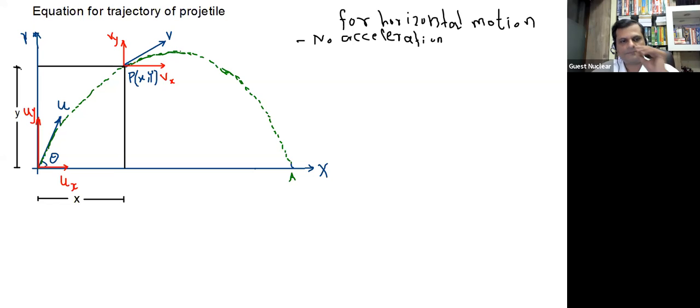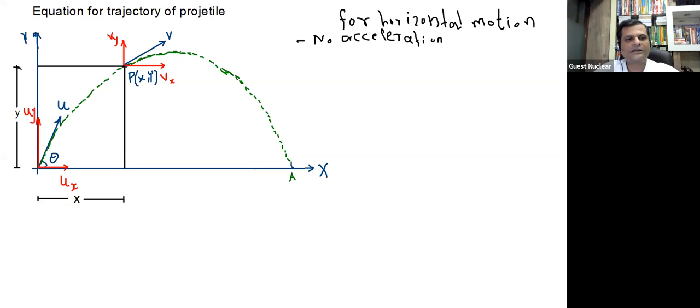Because we know that the gravitational force acts in a vertically downward direction. See, the gravitational force on the projectile always acts in the downward direction. The weight of the projectile will always act on it in the downward direction. So there is no force acting on it in the horizontal direction, right? And since there is no force in the horizontal direction, we can say that there is no acceleration in the horizontal direction.